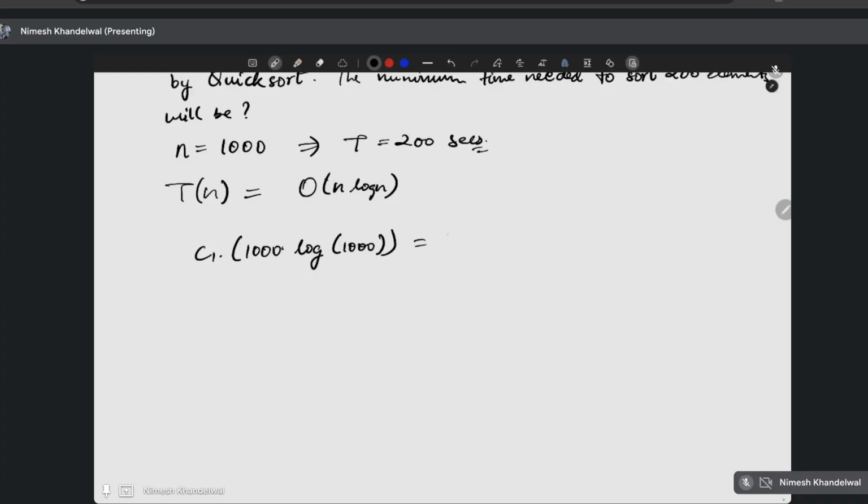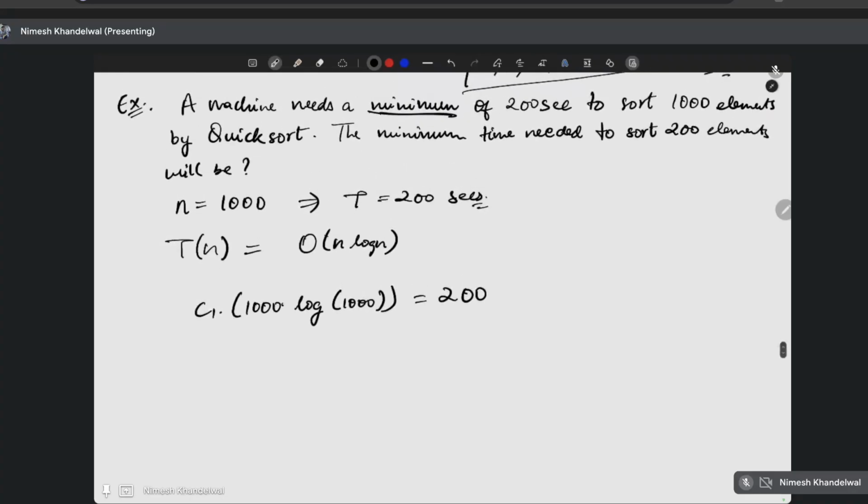So this was equal to 200, and we want, for 200 elements, what will be the time? So let's say this was T1, this is T2.